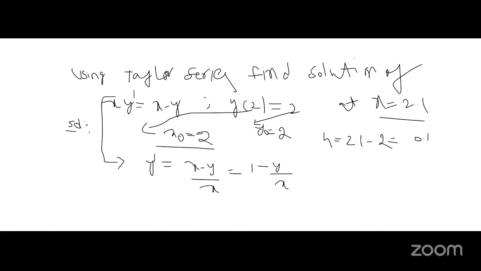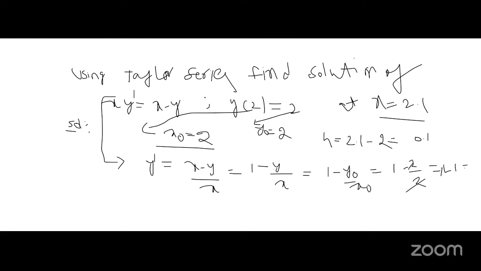So we can write 1 minus y naught by x naught, that is 1 minus 2 by 2, which is 1 minus 1, equal to 0.